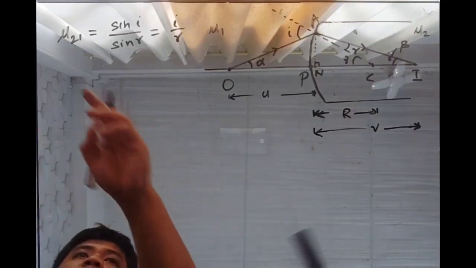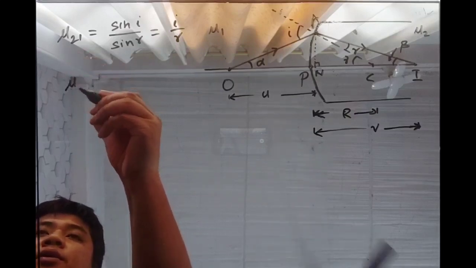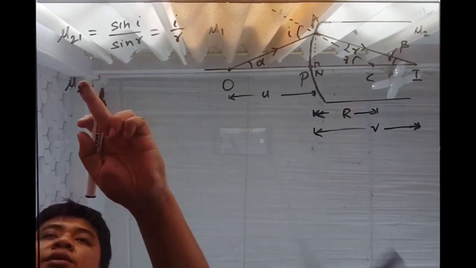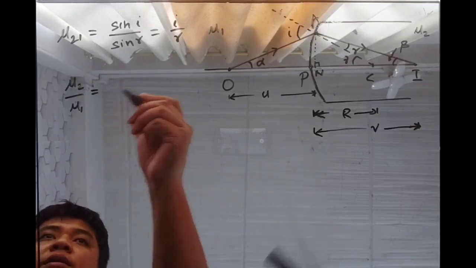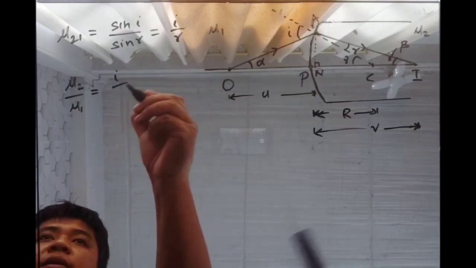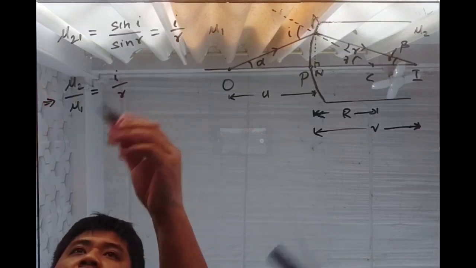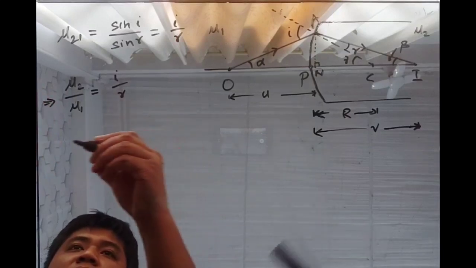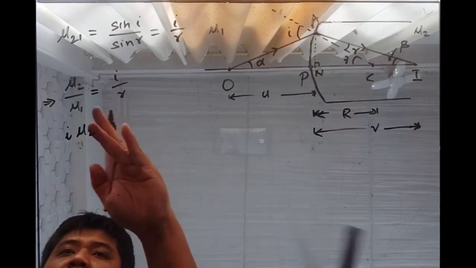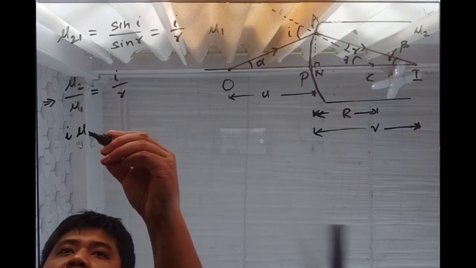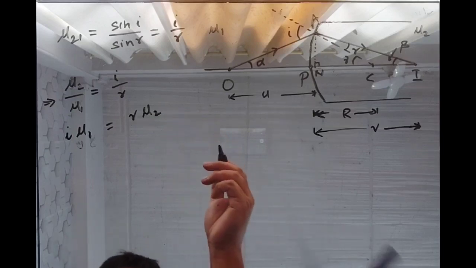Then cross multiplying, we get, before that, μ2 1 is equal to μ2 by μ1. So I by R equals μ2 by μ1. Cross multiplying this equation, we get I into μ1 equals R into μ2.